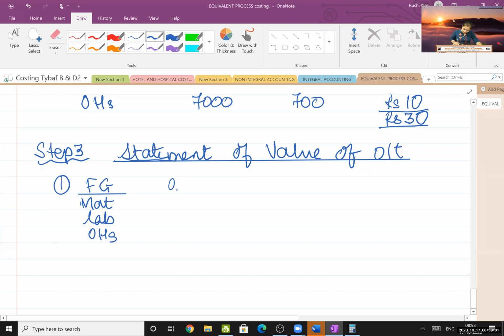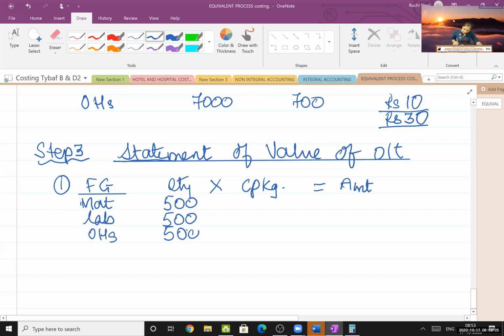Quantity, rate is the cost price I'm talking about. Cost per unit or cost per kg. And then amount is value. So when I multiply both, I get this amount. That is the value. So what was the breakup? 500, 500, 500.